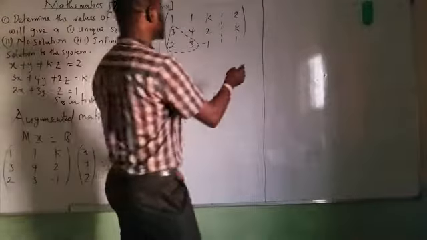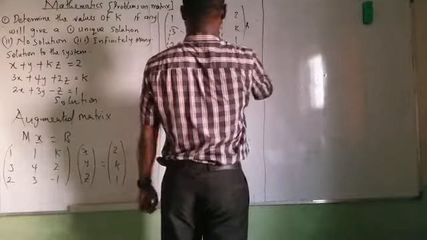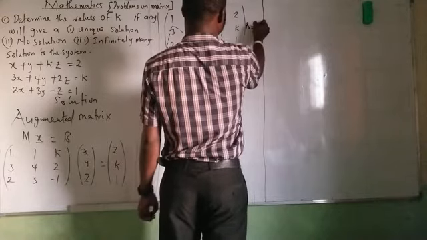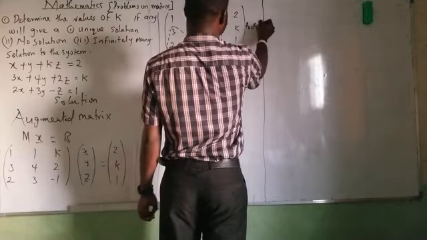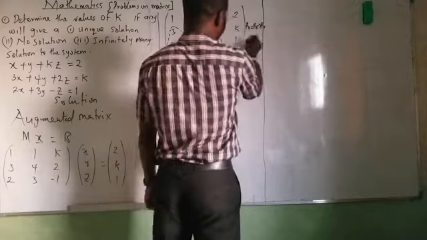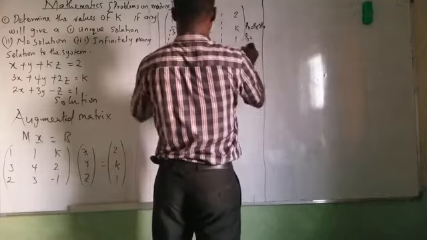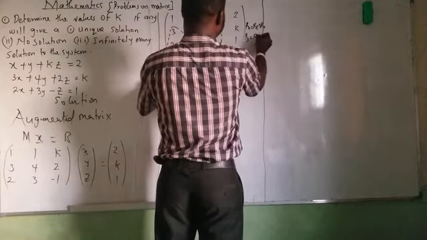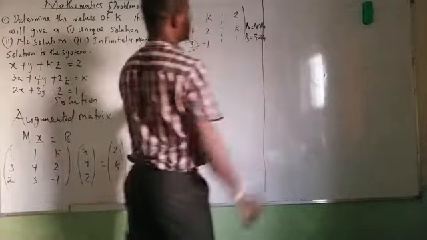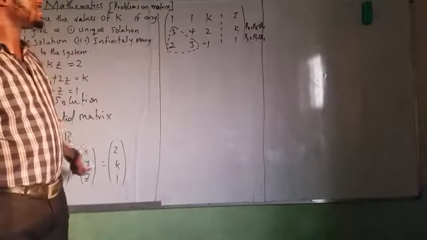Now, I want to turn this value to 0. The first thing I will do is R2 equals R2 minus 3R1, and R3 equals R3 minus 2R1. By so doing, I will generate what I need.